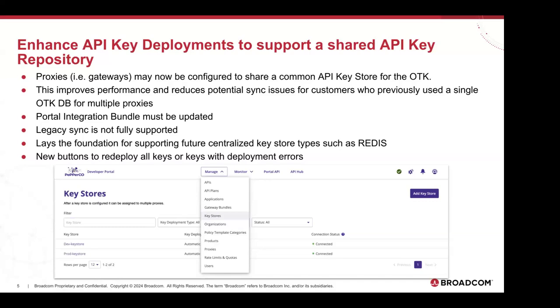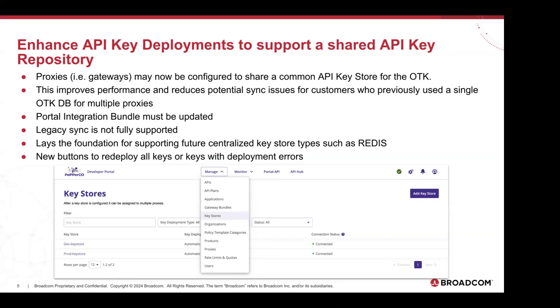It deployed the keys to all 3, and all 3 then tried to write it to the database or update it, right? So now the portal definitely knows those are shared if you set it up this way, and that will then have the portal only deploy those keys to one of the gateway clusters, knowing that once that one gets updated, they're all updated by virtue of sharing the same database.